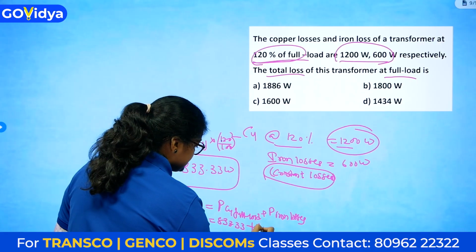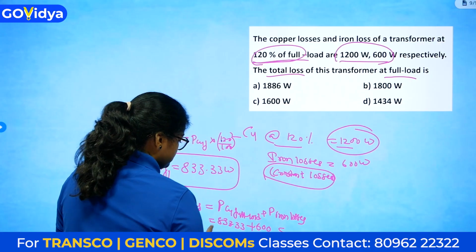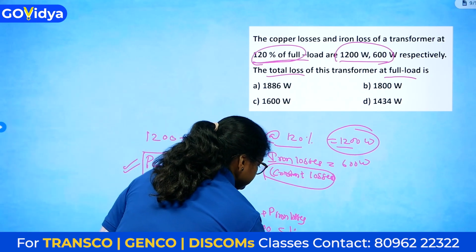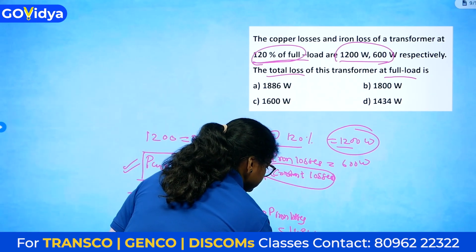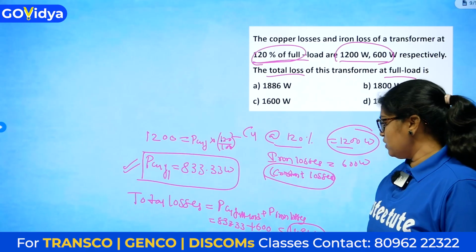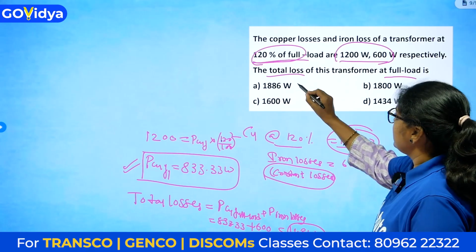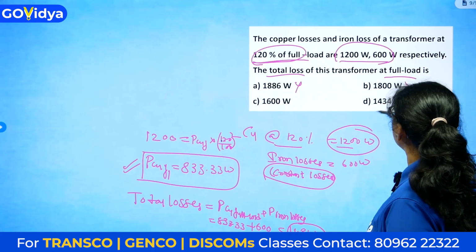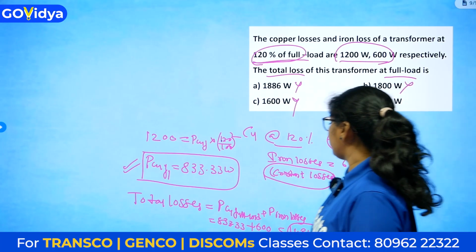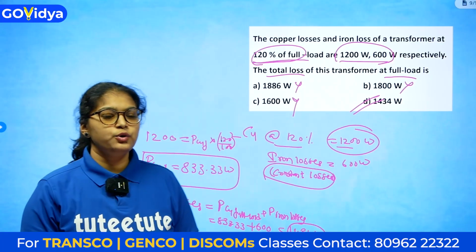So that will be 600 watts. 833 plus 600, we will get around 1434 watts. So the total losses will be 1434 watts. So option D matches. Thank you everyone.